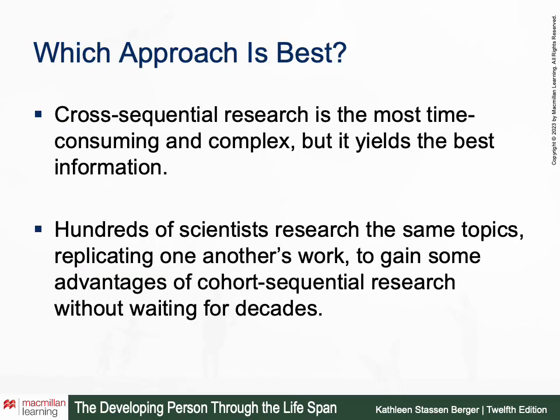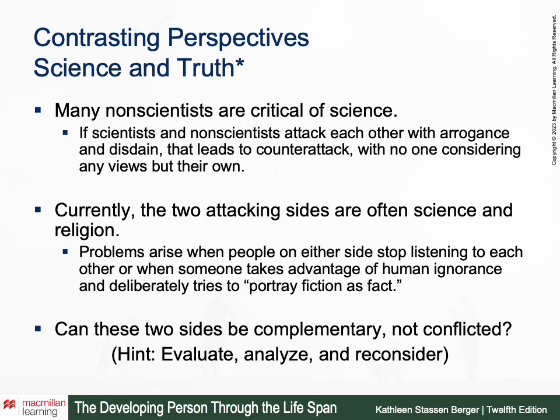So cross-sequential research is the most time-consuming and complex. It does yield the best information. Hundreds of scientists research the same topics, replicating one another's work to gain some advantages of cohort sequential research without waiting for decades. So again, that replication comes into play and can be such a beneficial tool.